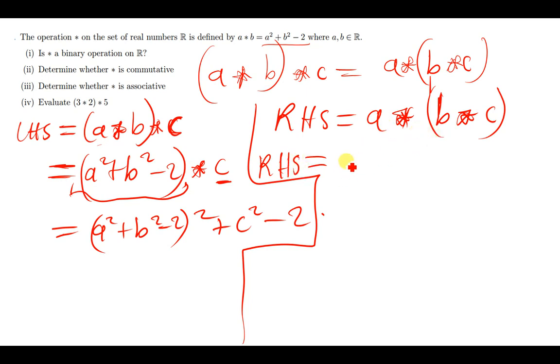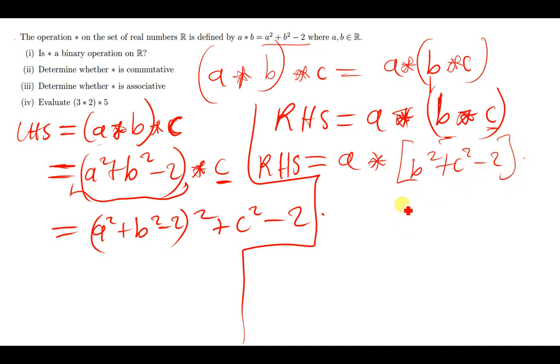So let me write my A there first, star, and then what we have in the brackets, but where there is A we put B, where there is B we put C. So we're going to have B squared plus C squared minus 2.